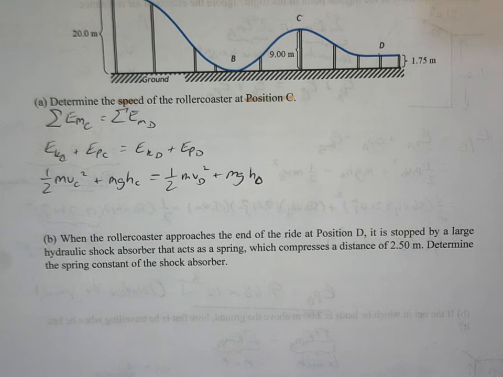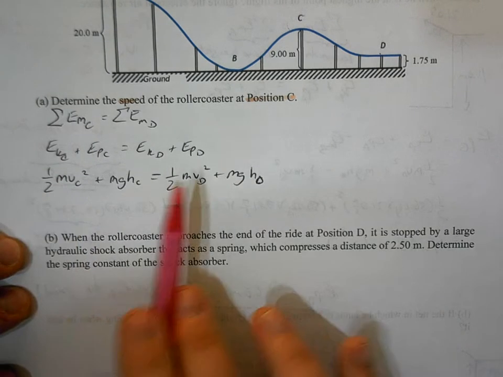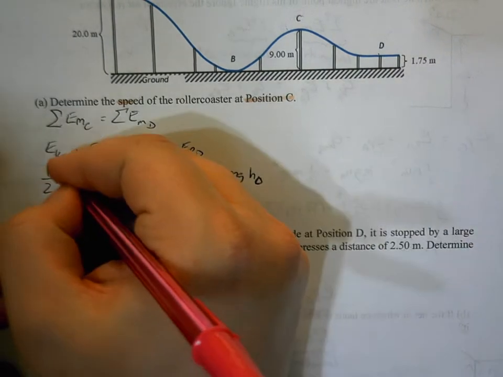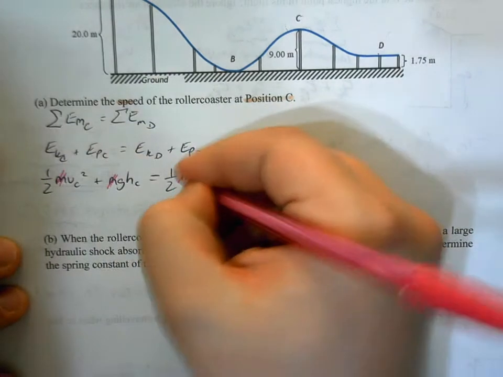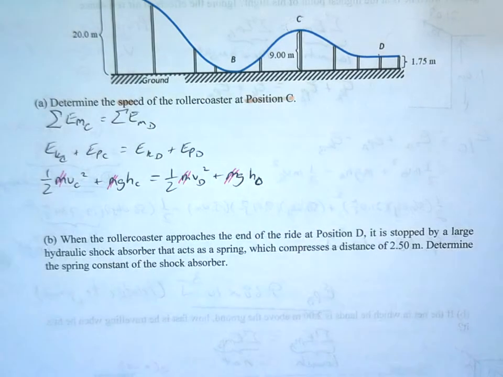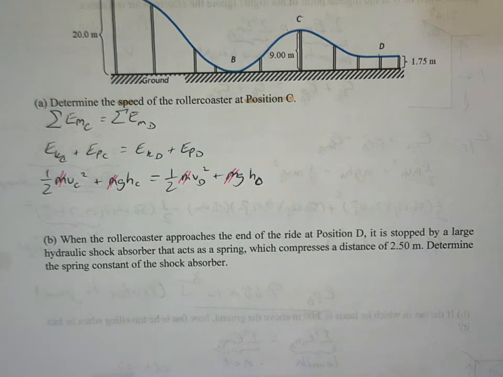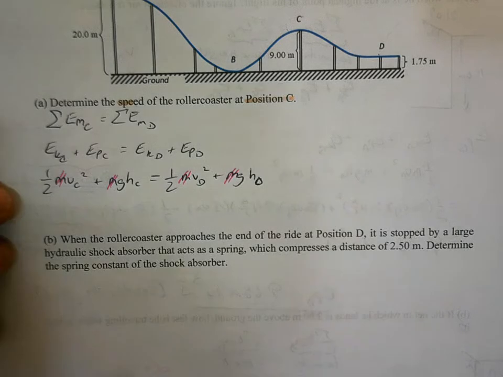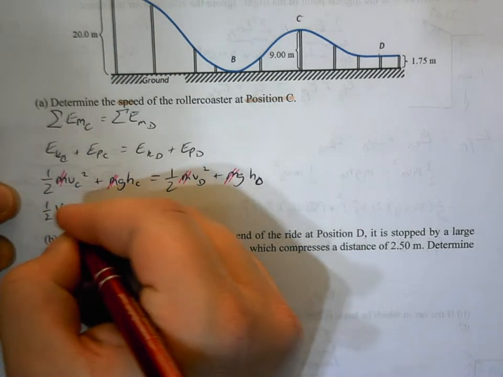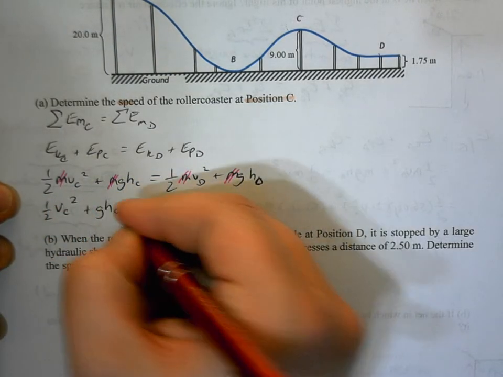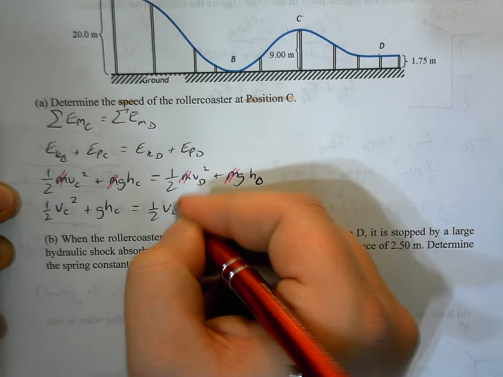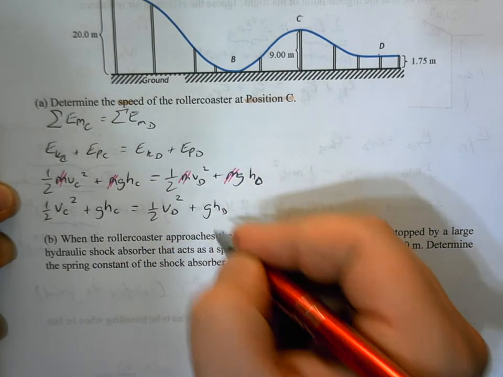The mass term is always going to cancel out because I have mass here, here, here, and here. It's in every term, so guess what? It gets to go. So we have no mass terms left. That's great. So what I have here is half vC squared plus g hC equals half vD squared plus g hD.